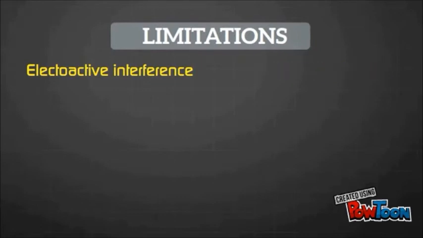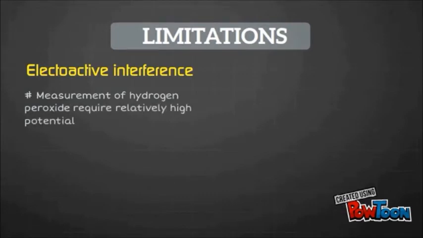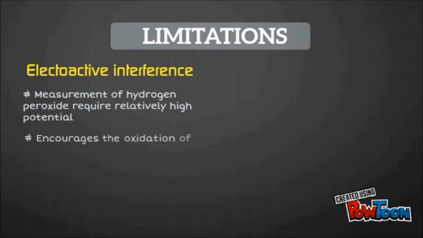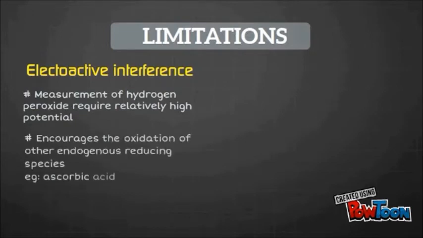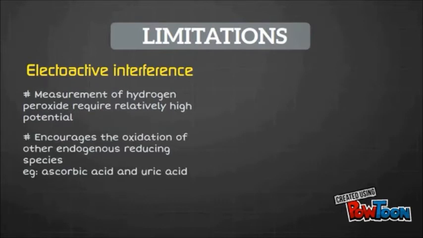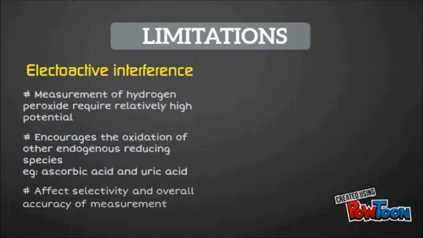In terms of electroactive interference, the measurement of hydrogen peroxide requires a relatively high potential. This encourages the oxidation of other endogenous reducing species such as ascorbic acid and uric acid, which will affect sensitivity and overall accuracy of measurement.